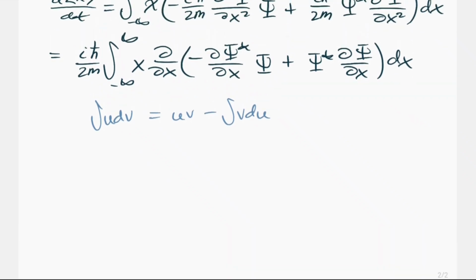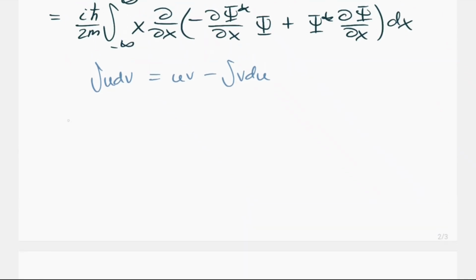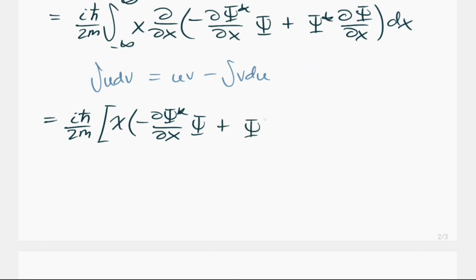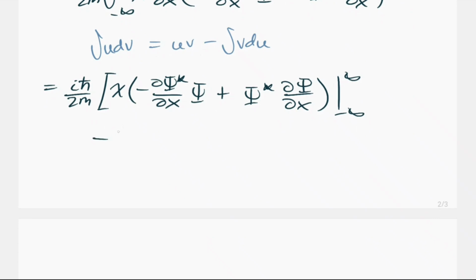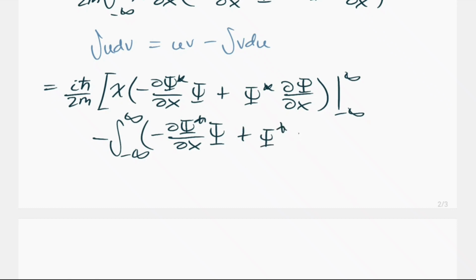So in this case, continuing on here, that equals i h bar over 2m, big bracket, x times (negative d psi star/dx times psi plus psi star d psi/dx) evaluated from negative infinity to infinity, minus the integral from negative infinity to infinity of (negative d psi star/dx times psi plus psi star d psi/dx), and then dx there, and we'll close the bracket.